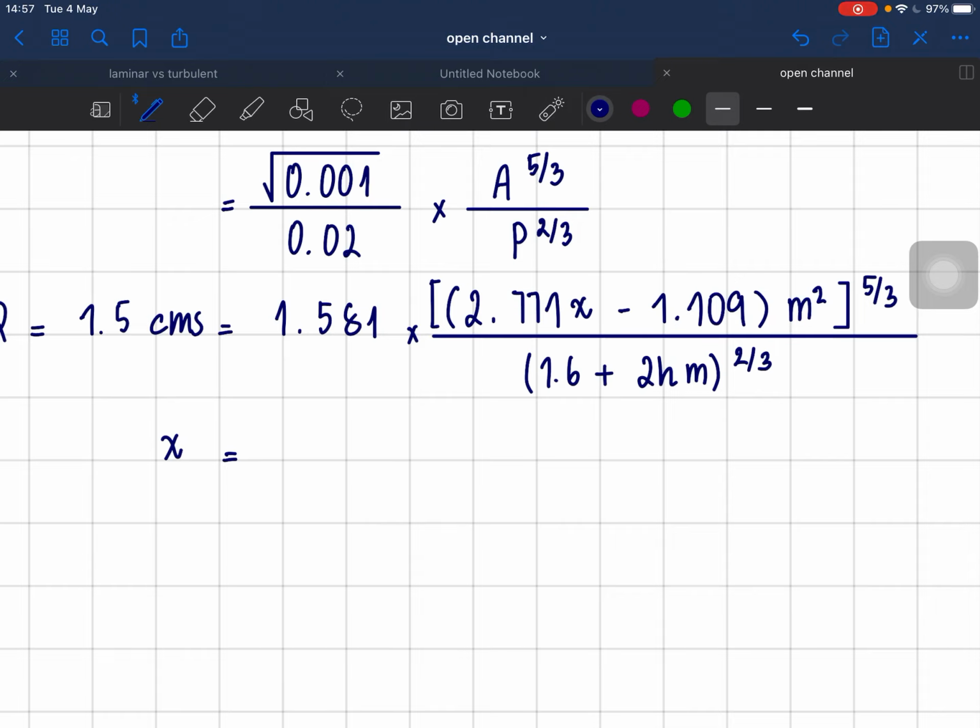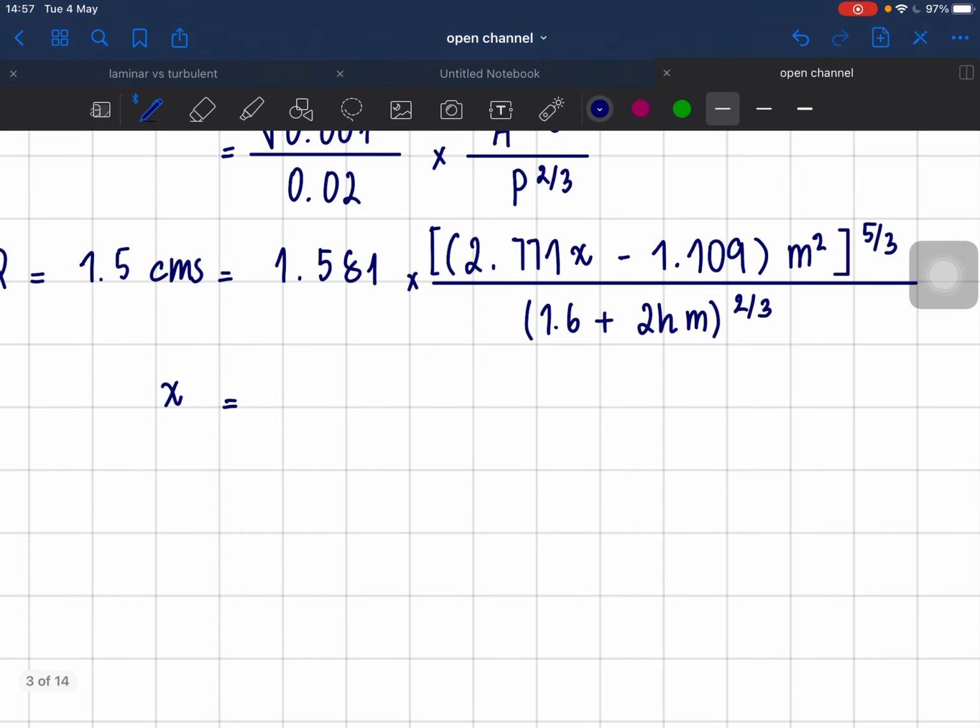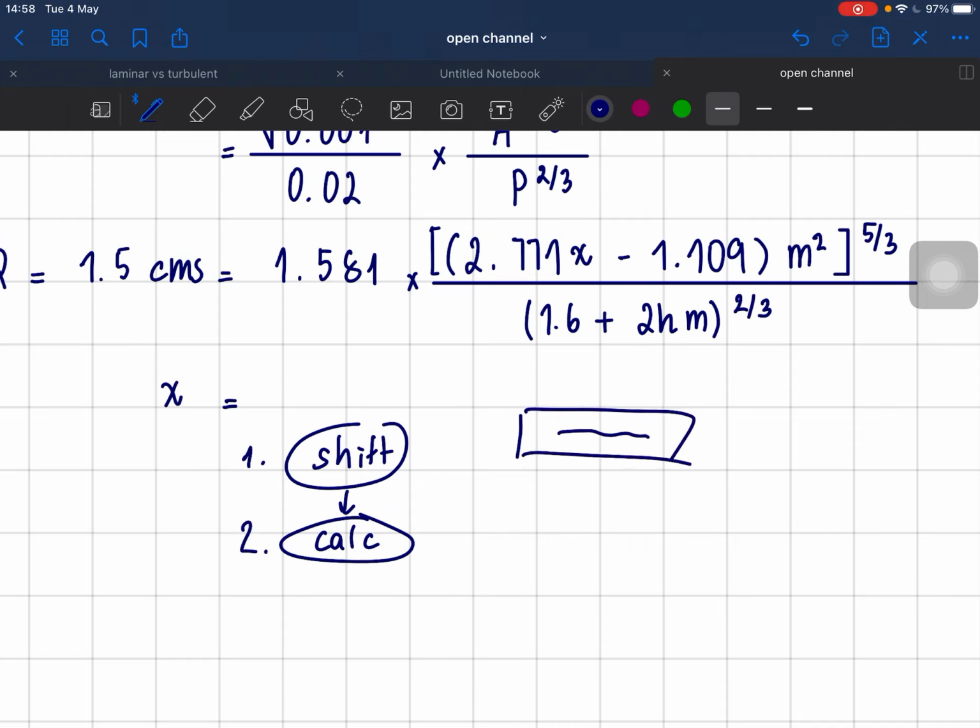Just kidding. Okay, so for this one, I already did the pre-calculation and I got H. When you click on the solve, the shift button here and the solve here, it says cal like this. So when you shift it like this, 1, 2, then the screen will show you something here, but it's not the answer.